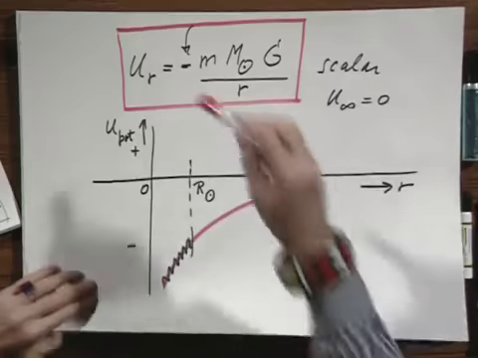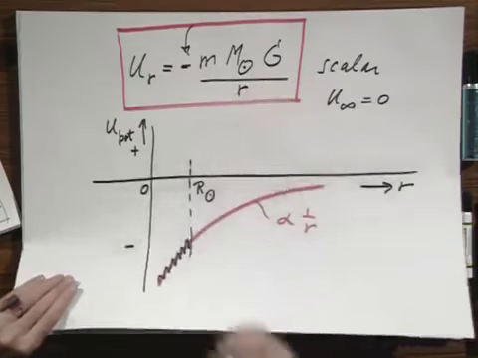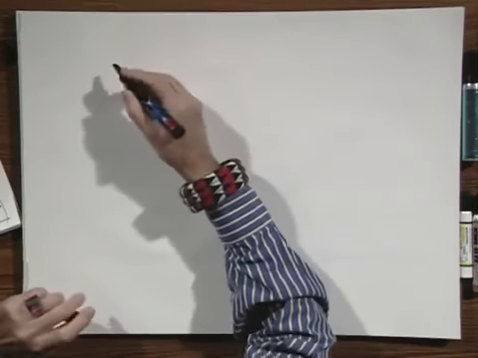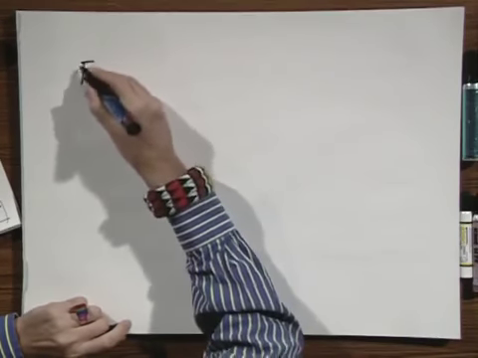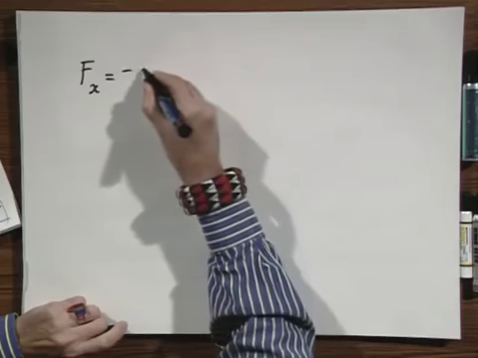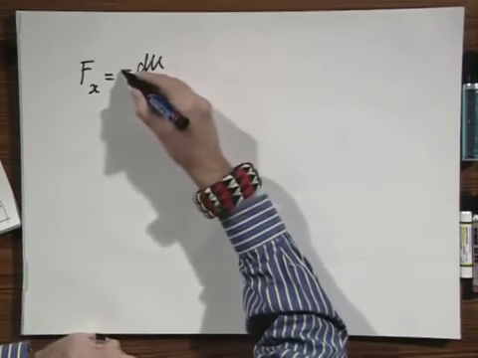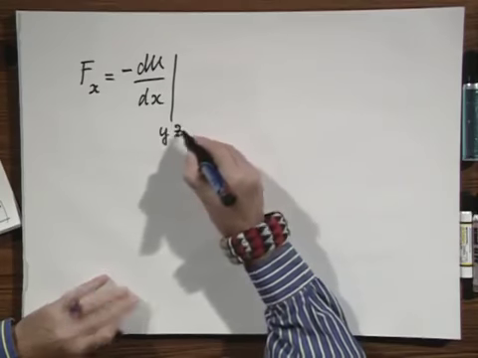Now, if you know how u depends on x, y, or z, or r for that matter, you can easily find the vector components of the forces that are responsible for the potential energy. F of x, that is the x component of that force, equals minus du dx. What does that mean? I move the object only in the x direction, I keep y and z constant.